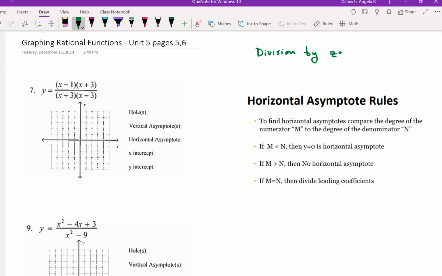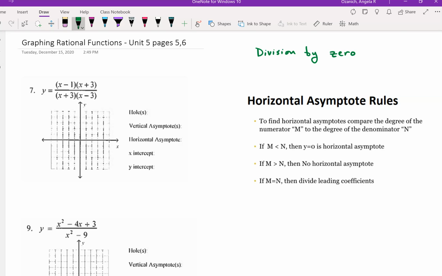We don't want to be dividing by zero because that creates either a hole or a vertical asymptote. Depending on what the factors in the numerator are, you might have a hole. And if you have leftover factors in the denominator, you might have a vertical asymptote.